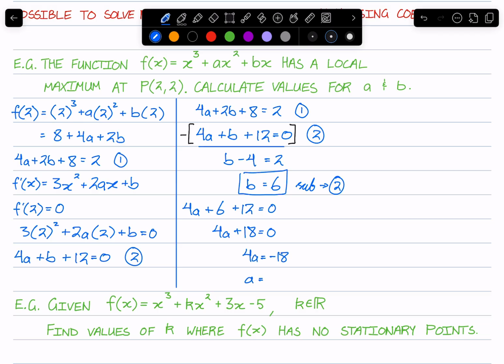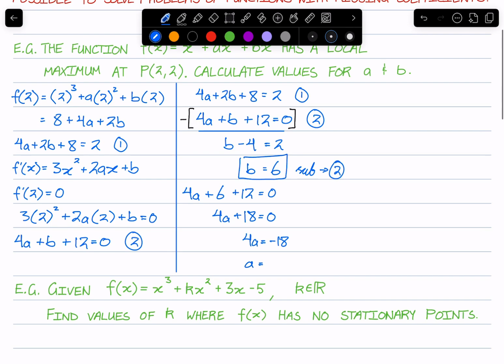So a is equal to negative 18 divided by 4. Just grabbing a simple calculator. 18 divided by 4 is 9 on 2, or 4.5, so negative 9 on 2 or negative 4.5, whichever you'd like to express it.